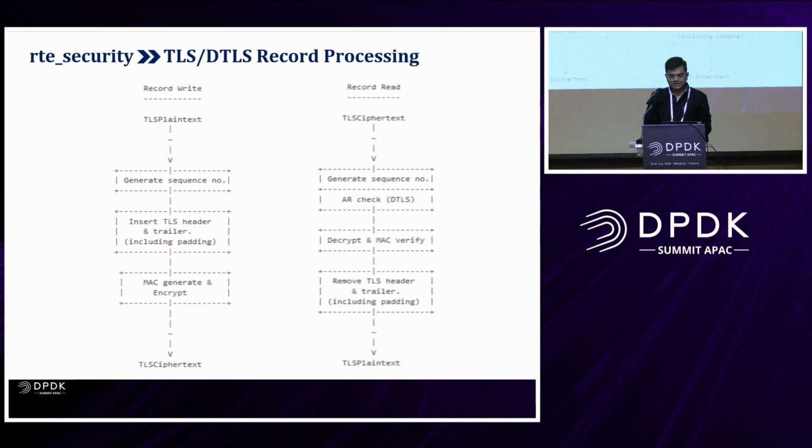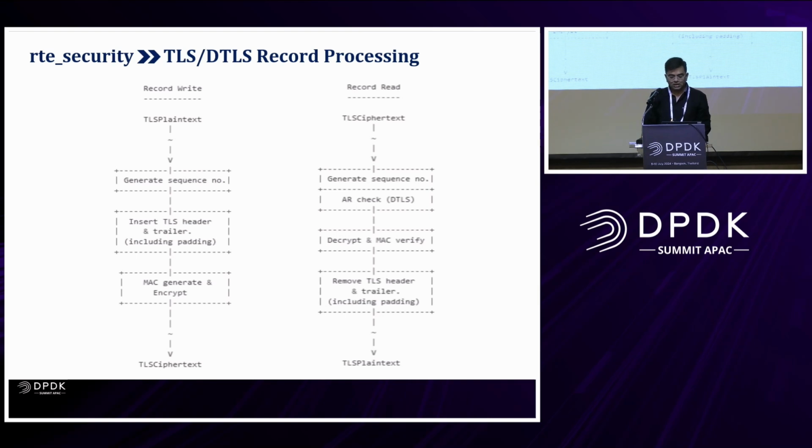Here's the basic flow of TLS and DTLS record processing. When we do record write, we generate a sequence number, insert a TLS header and some padding if needed, and then generate a MAC for the complete plain text and the header.